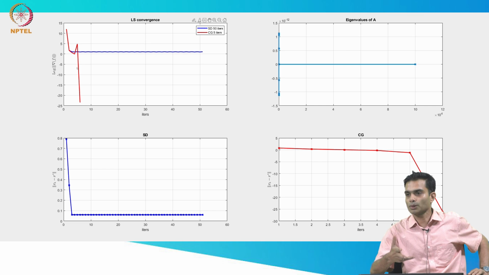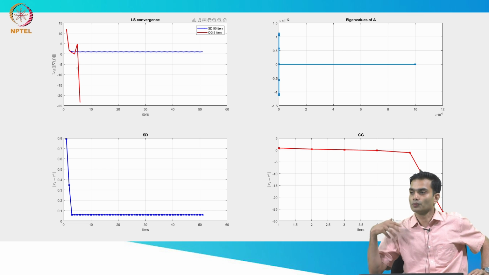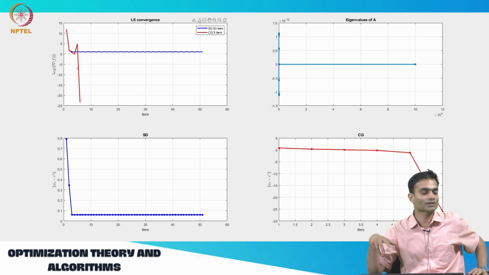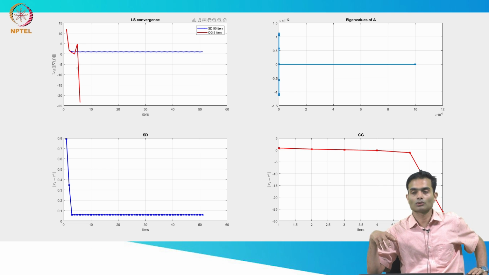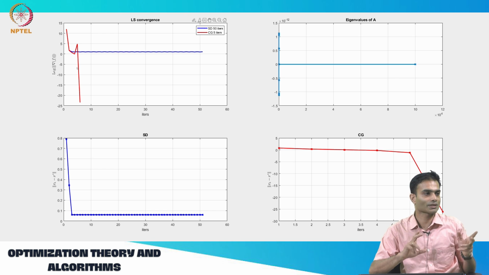The way I have implemented CG in this module is, you would never implement CG in this way in real life. What I've shown you is a textbook implementation. Why? Because this is not factoring for a bad condition number. There is a cousin of the conjugate gradient method called the preconditioned conjugate gradient method, where you try to fix this condition number problem.